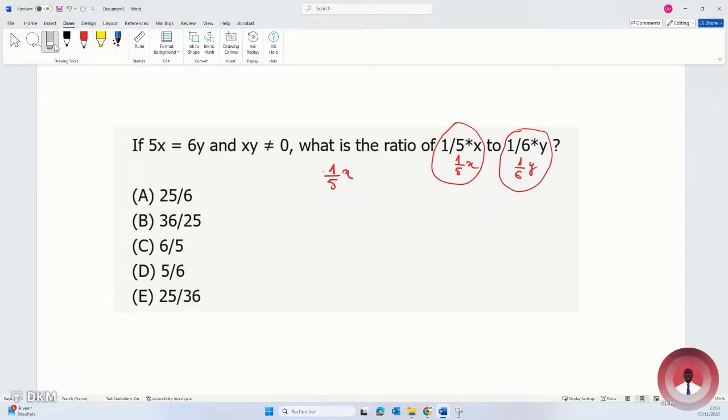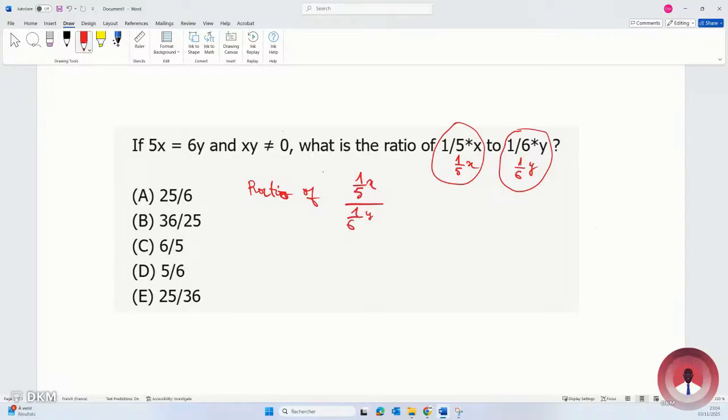So if we need to interpret that into a formula, they are simply saying the ratio of x over 5 to y over 6.